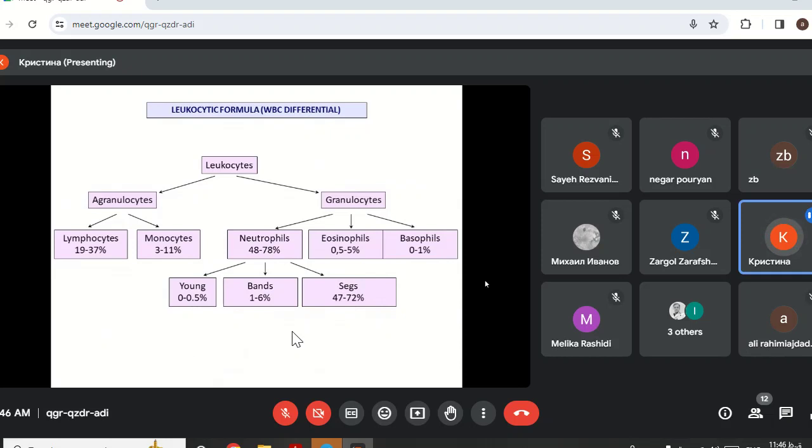If something changes, for example, if you see a higher than normal amount of non-mature forms of neutrophils, it will show that we have the so-called left shift of the leukocytic formula.